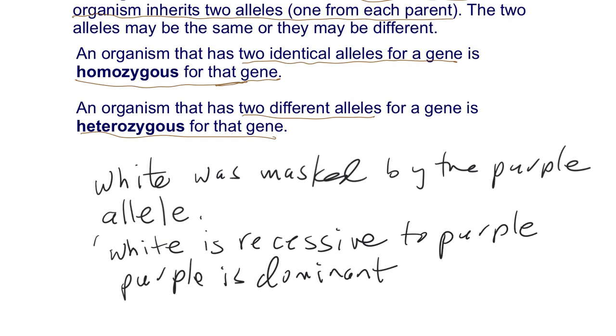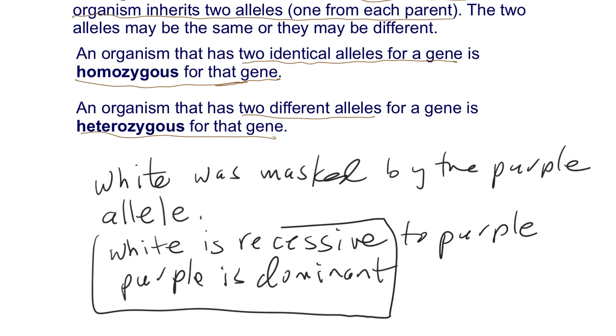Or we can just say white is recessive, the purple allele is dominant. So I don't get too picky, I'm going to just be brief and say white is recessive, purple is dominant.